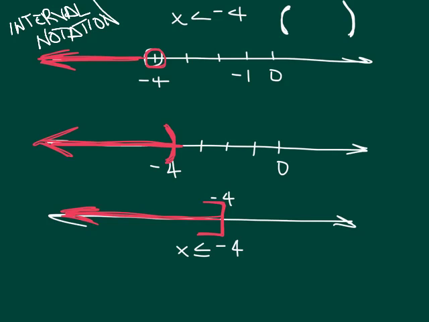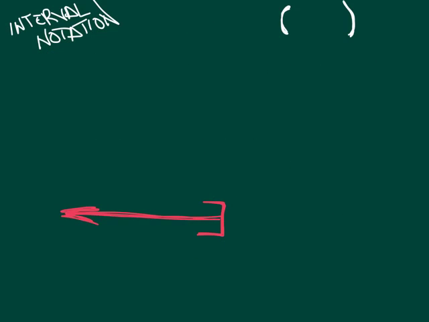All right, so let me get rid of some of this stuff so that we're not looking at everything that we have here. So let's just get rid of all that. All right, interval notation. We had x is less than or equal to negative 4, or we had just x is less than negative 4, didn't we?